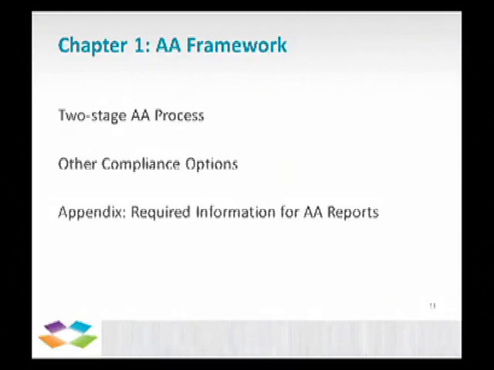Responsible entities can refer to this appendix to check and review their AA reports for completeness. And again, since this is just a summary from the guide, we strongly advise you to use the regulations when referring to the requirements.